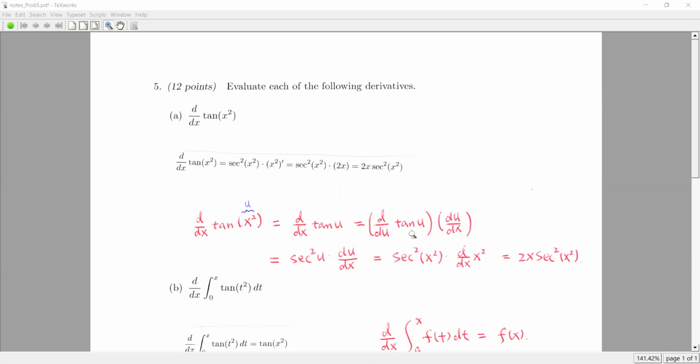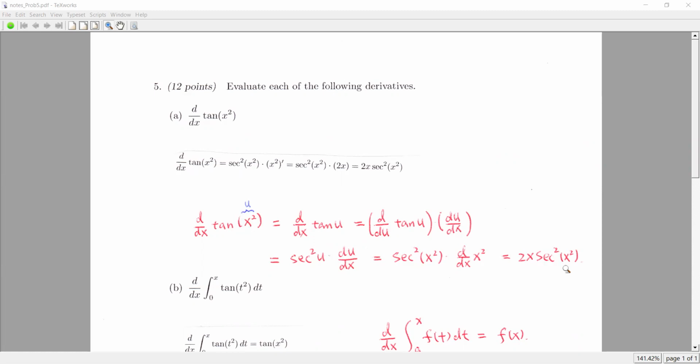Derivative of tangent of u with respect to u is secant square u. Now plug in x squared in u. Then I have this equation. Derivative of x squared is 2x. This is the answer to part A.